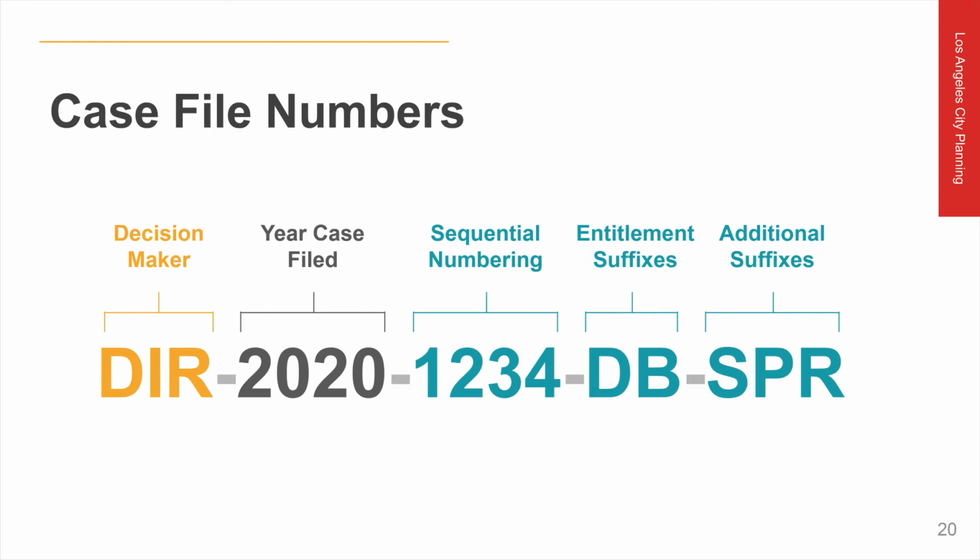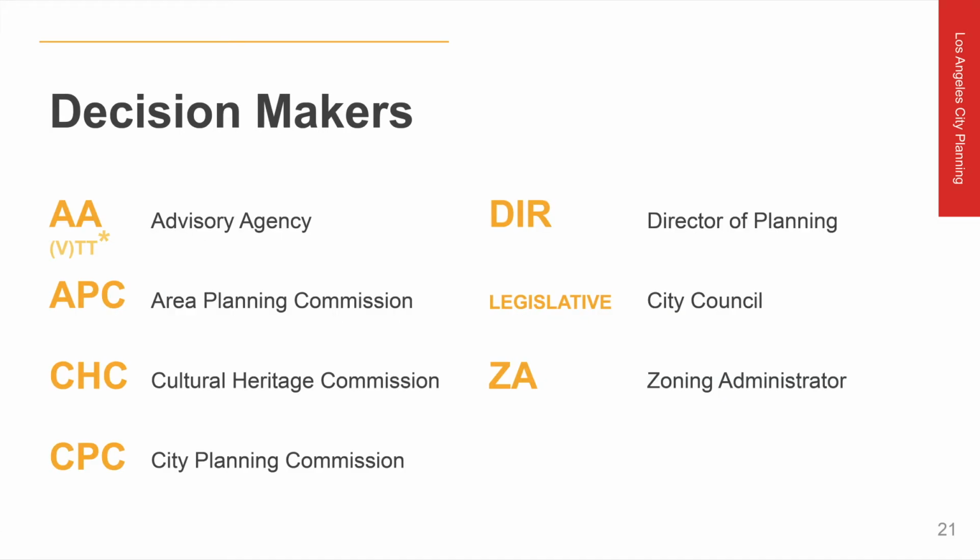The sequencing tells us who the decision maker is, which is spelled out in our zoning code, the year the case was filed, the number of applications, or sequential number, and the types of entitlements or approvals the applicant is seeking. Decision maker. The city zoning code determines which decision maker is responsible for considering each type of planning application that is filed with the department.